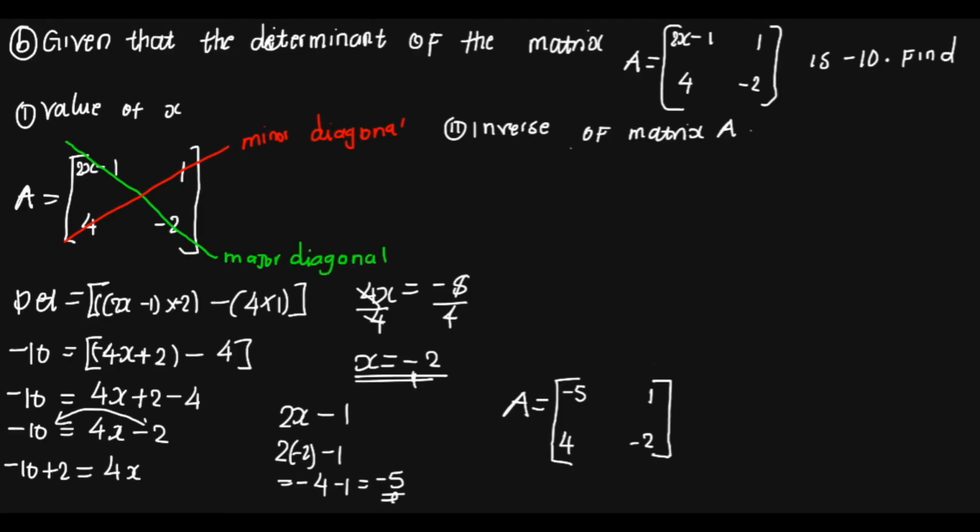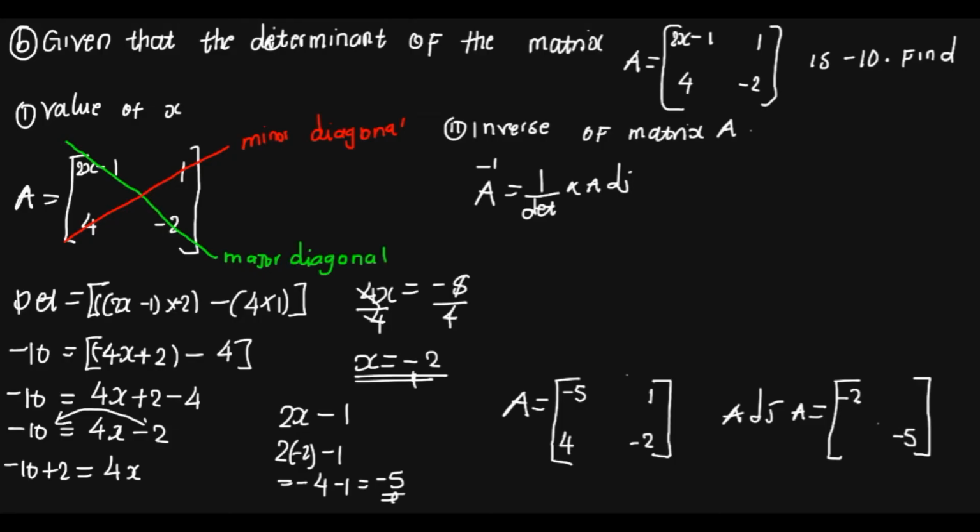Now let's proceed by finding the inverse of matrix A. So the inverse, A raised to the power negative 1, is equal to 1 divided by determinant times its adjoint. So let's look for adjoint. So for the adjoint of matrix A, you interchange the position of the elements in the major diagonal. So negative 2 will come here, negative 5 will come here.